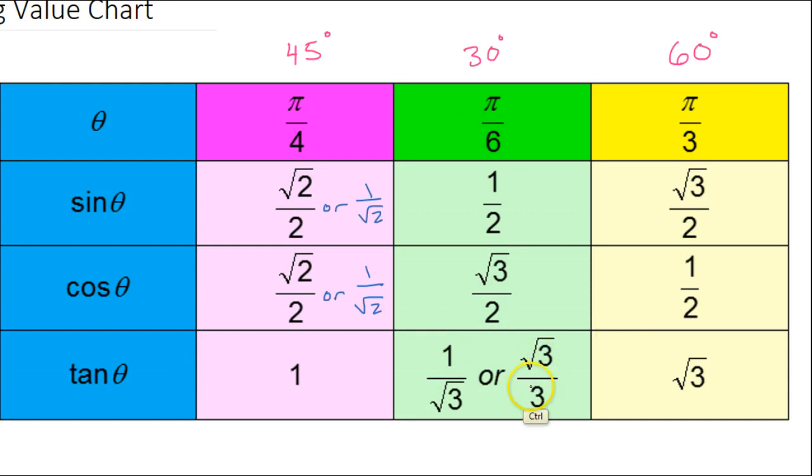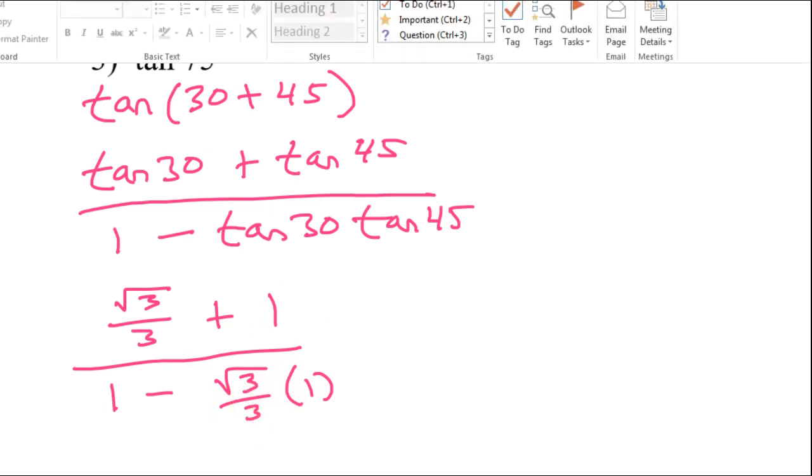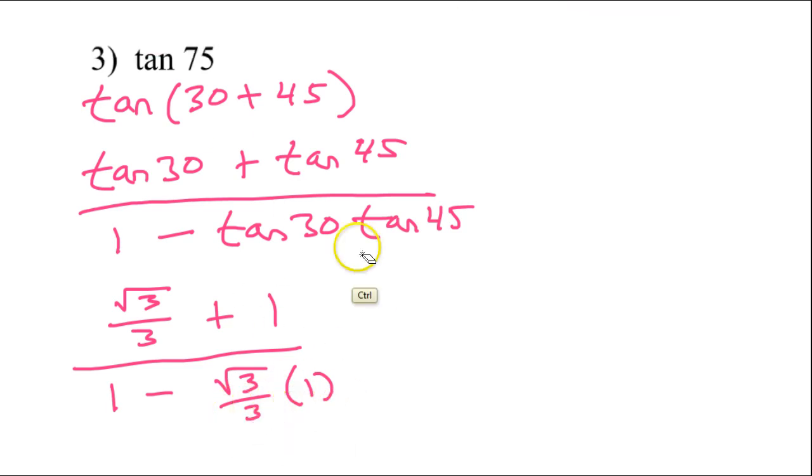All right, now down here in the denominator, I have 1 minus, and again, the tangent of 30 is radical 3 over 3. And then the tangent of 45 is 1. But anything I multiply by 1 isn't changing, so I don't really need to write down the 1 that comes from the tangent of 45.